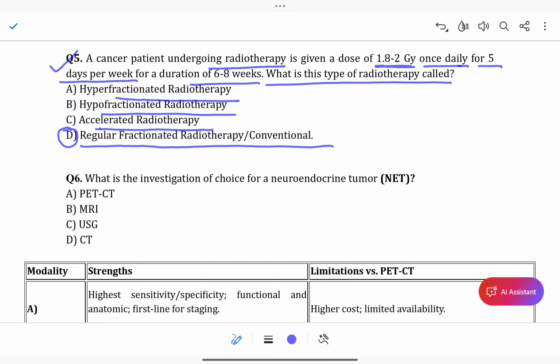First of all, let me explain 1.822 Gy. Gy stands for gray, the standard unit of absorbed radiation dose in the International System of Units. It measures the amount of ionizing radiation energy absorbed by tissue, defined as 1 joule of energy per kilogram of matter.